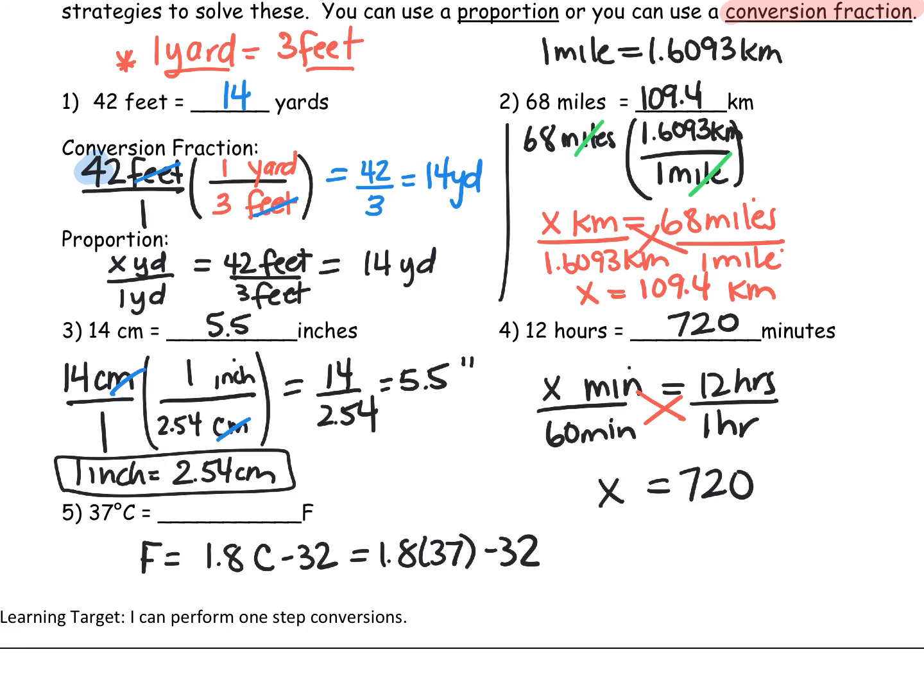And I get 34.6 degrees. Oh, actually, this should be plus 32, not minus 32. Sorry, that didn't seem right. 1.8 times 37 plus 32 is 98.6. That's more like it.